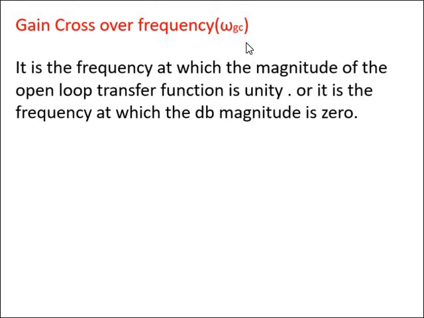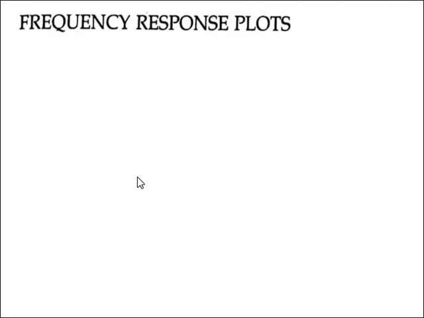So clearly observe, it is the frequency at which the magnitude of the open loop transfer function is unity, or it is the frequency at which the dB magnitude is 0, called as gain crossover frequency.